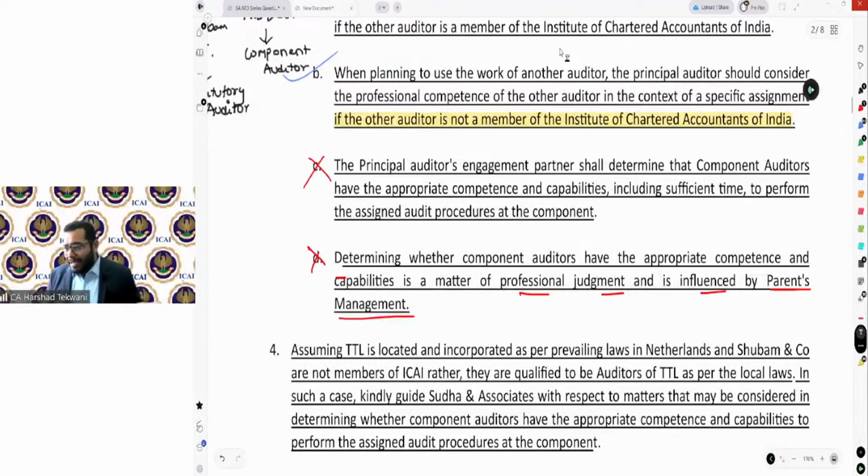Materiality level, yes, could be one of the cases, but I'm talking about the competency. Somewhere materiality and capability I can see, so that's there.